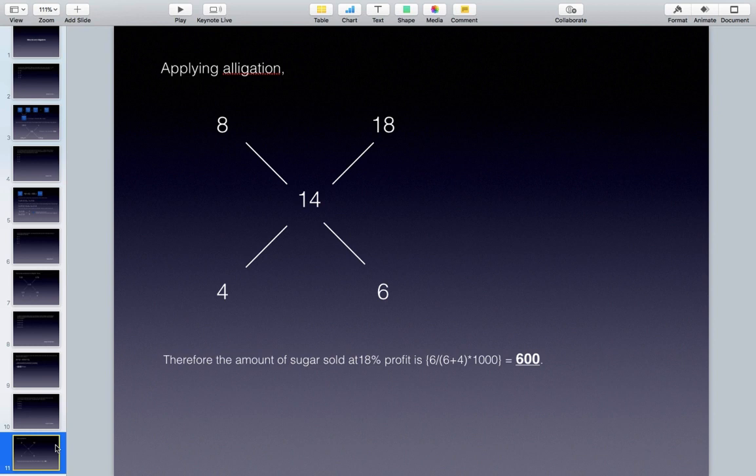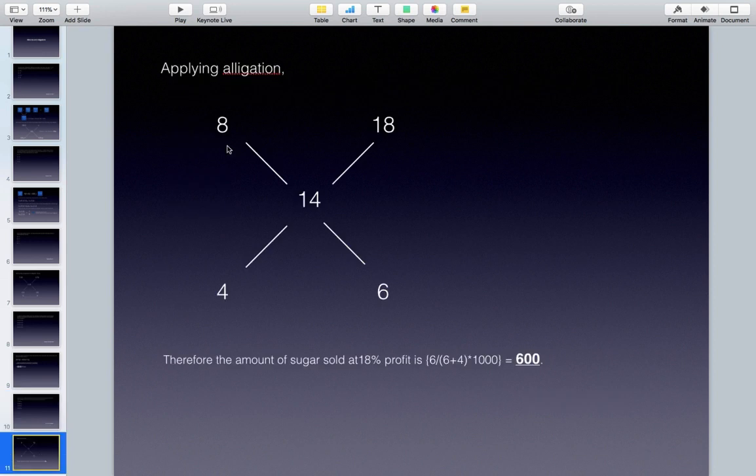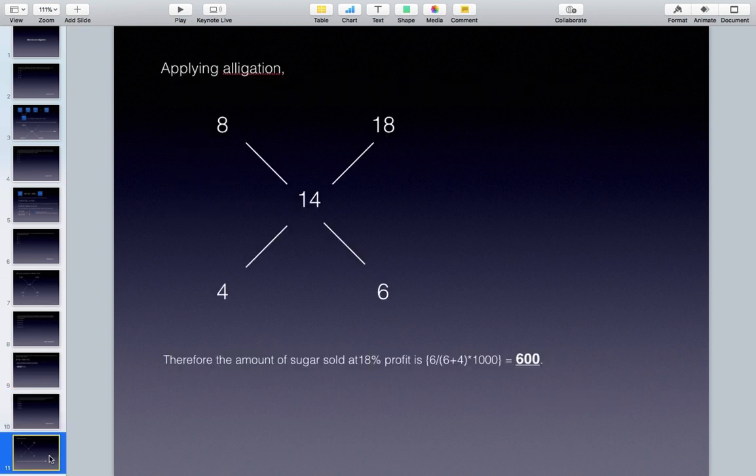This is exactly allegation. What we do here is calculate the ratio in which this 1000 kg of sugar is sold at 8 and 18 percent profit, so that we get the mean profit as 14 percent.